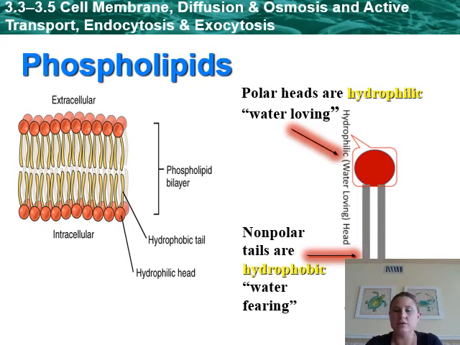The tails are water-fearing, hydrophobic, okay? And you can actually see over here on the side how this phospholipid bilayer is set up. We have the heads all facing in one direction here, and then down there on the other side, the two layers are facing in opposite directions, so that the tails are all in the middle together.